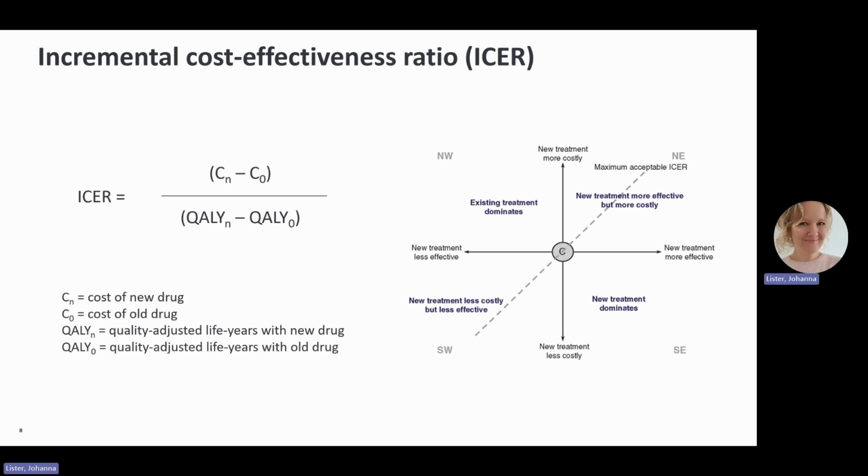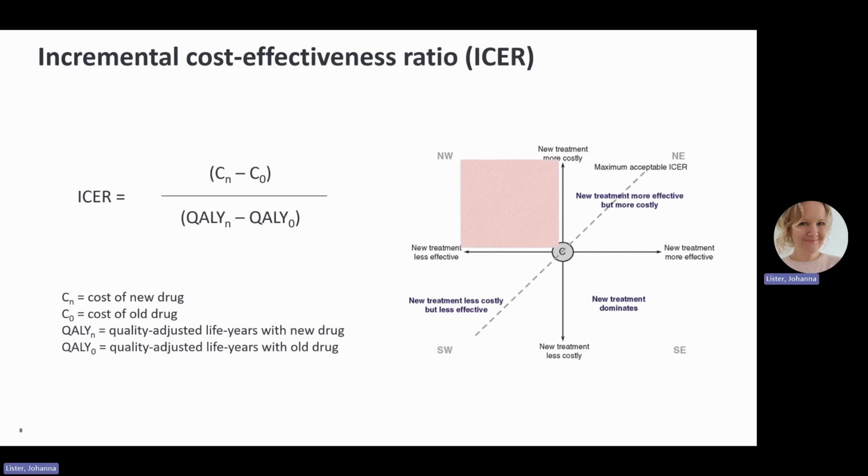The diagram on the right helps us to decide if we should fund a health technology based on the ICER. The southeast quadrant represents a situation where the new treatment is more effective and less costly. Naturally, we want to fund any such treatment that saves us money and gives us more health.